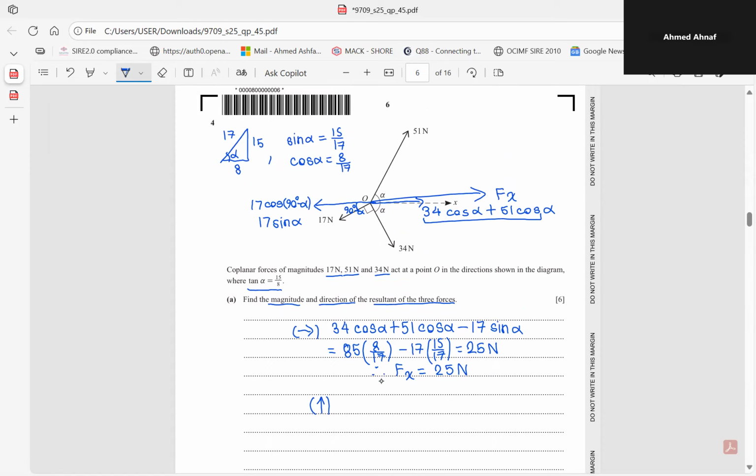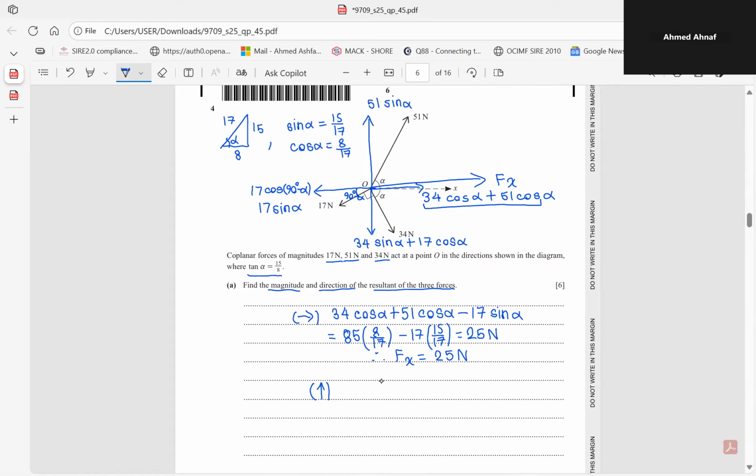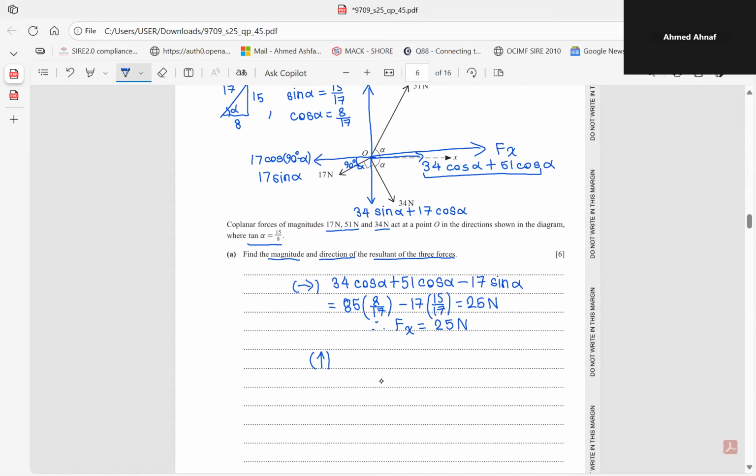So for the vertical component, for upwards, we have 51 sine alpha, and downwards, we have 34 sine alpha plus 17 sine of 90 minus alpha, which is the same as 17 cosine alpha. So, okay, we're going to take 34 sine alpha to be bigger.